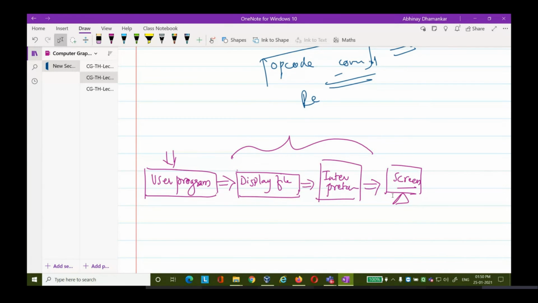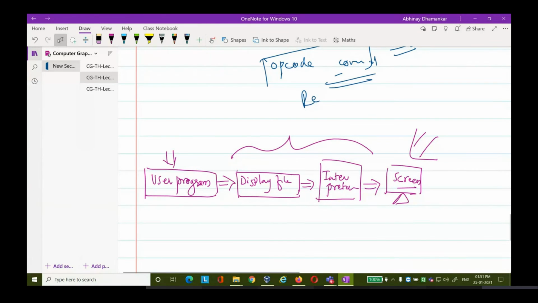User programs give input to the display file, which is then converted using the interpreter to draw our object onto the screen. The next topic of discussion will be the line and line segment.